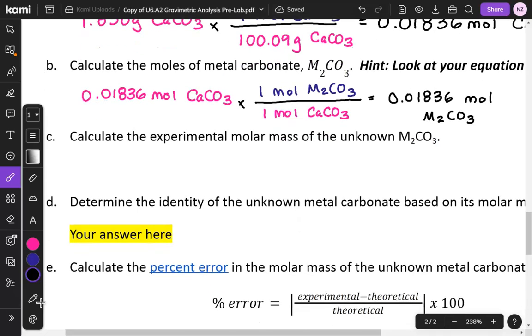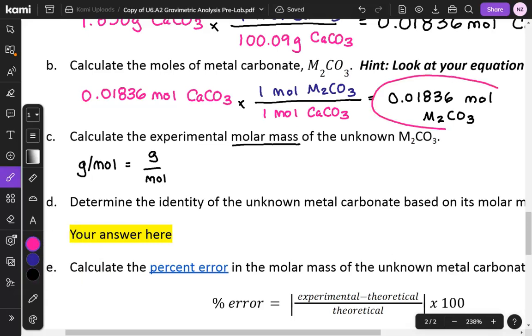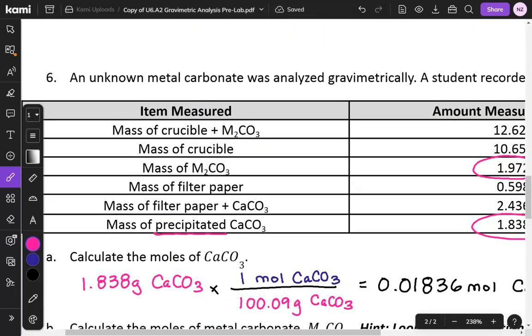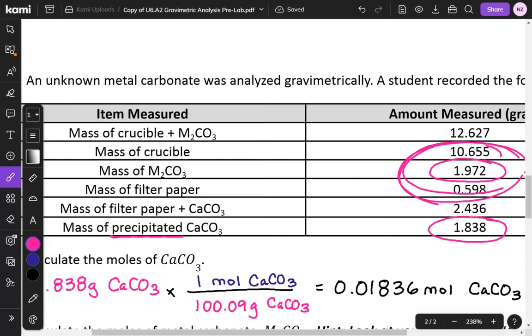Next, we're going to calculate the molar mass of our unknown metal. And if you recall, the units of molar mass are grams per mole, which would be the same as grams over moles. We just found the moles of our metal, and up in our data table, we have our grams of the metal. So we're just going to divide.